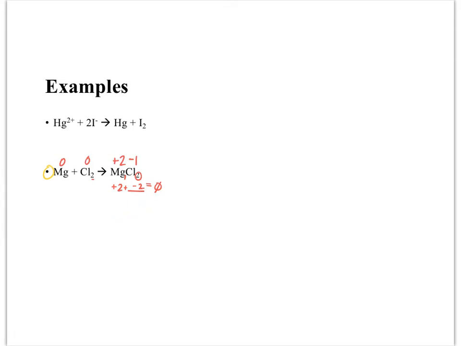So let's look at the processes now. We have magnesium changing from a 0 to a +2, and we have 2 chlorines changing from a 0 to a -1. So let's write down what's happening with the magnesium. Magnesium's going from a 0 to a +2. So what process is that? Is it gaining electrons or losing electrons?